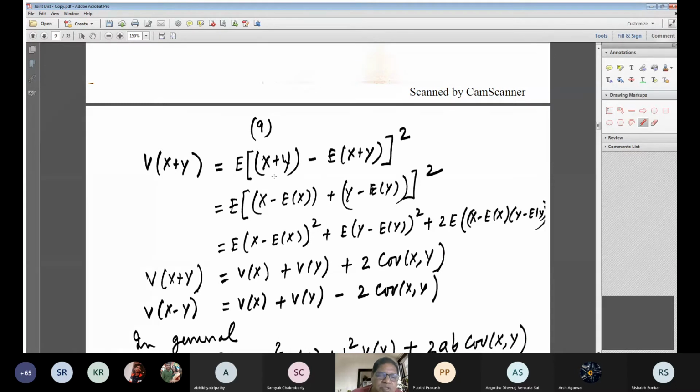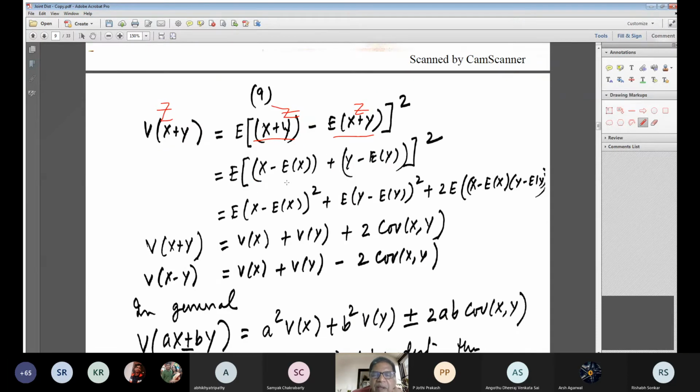You substitute z equal to x plus y, so ultimately you get the expected value of x plus y minus its expected value, whole square. So I can simplify this expression.